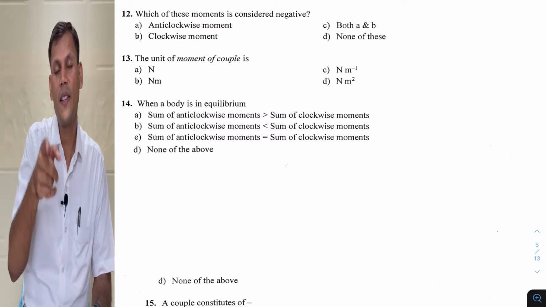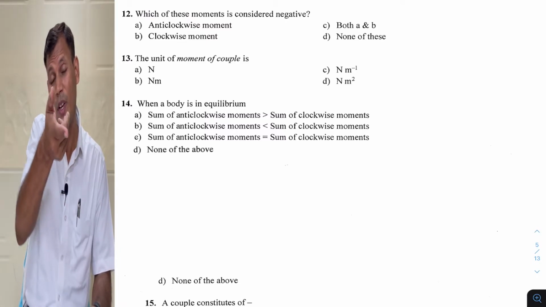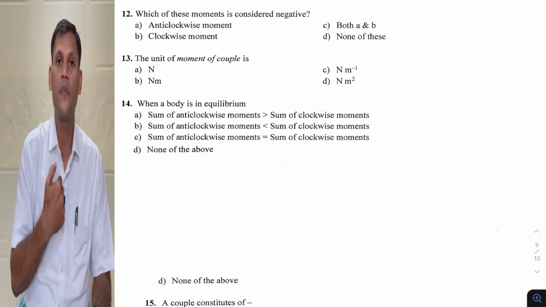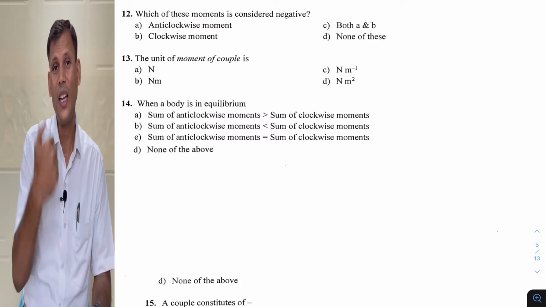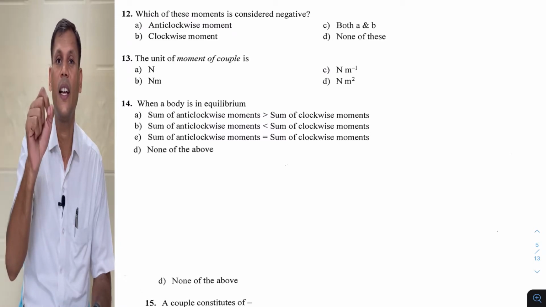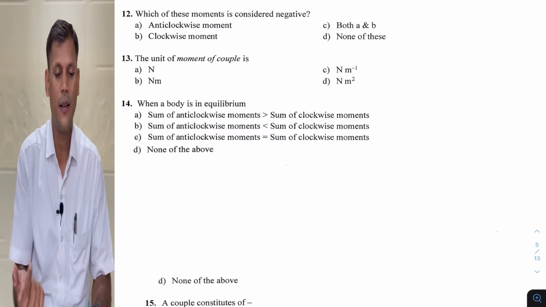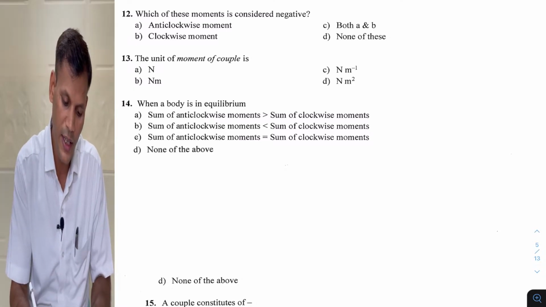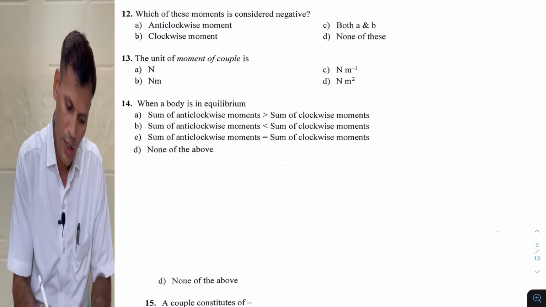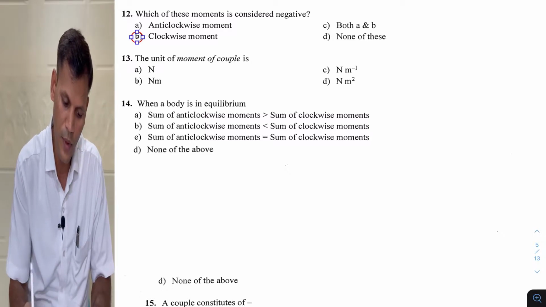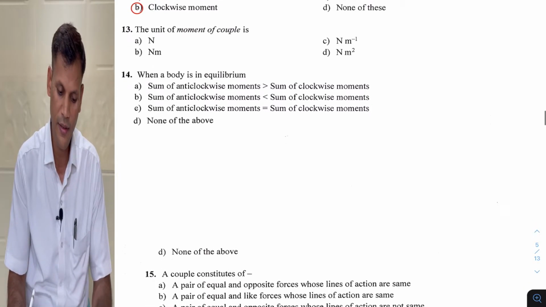So clockwise is taken as negative, and as we rotate it anti-clockwise, the screw comes up, and that direction is taken as positive z axis. So clockwise is considered as negative.